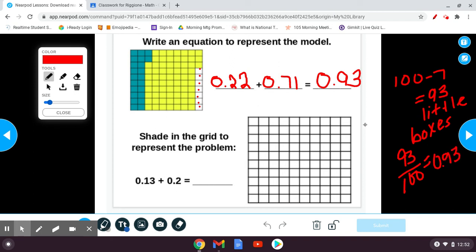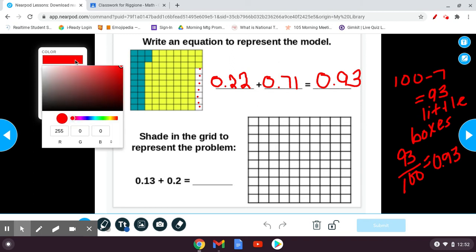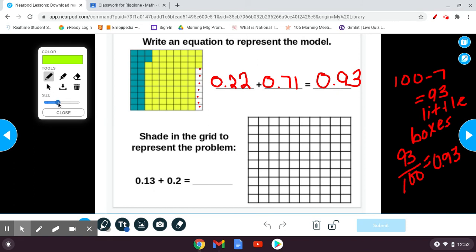All right, down below, now we need to model using two different colors. The first thing I'm going to do is shade in 13/100ths. So that's going to be one complete column and 1, 2, 3 more.